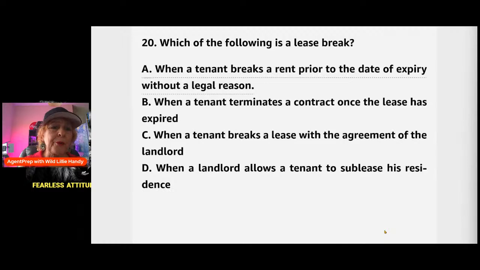A, when a tenant breaks a lease prior to the date of expiry without a legal reason. B, when a tenant terminates a contract once a lease has expired. C, when a tenant breaks a lease with the agreement of the landlord. Or D, when a landlord allows a tenant to sublease their residence. Which one is a lease break?